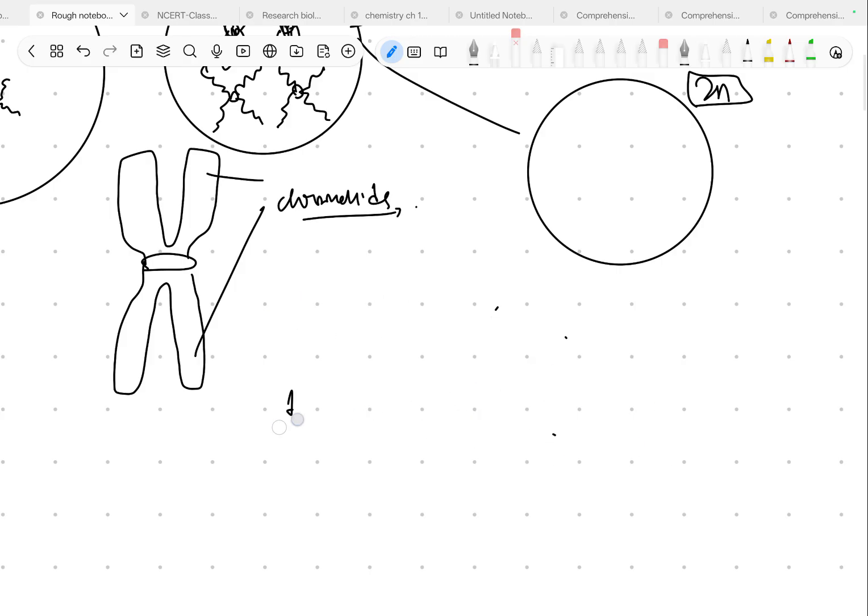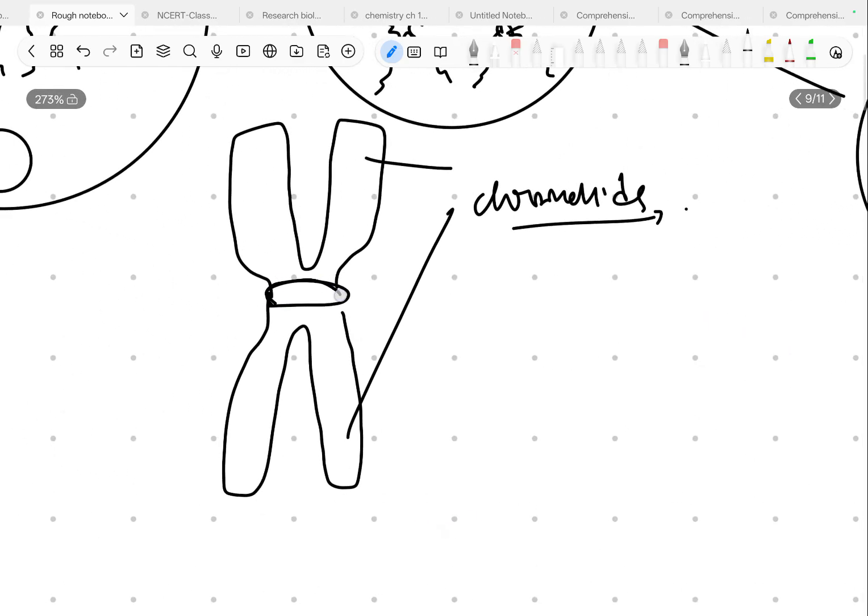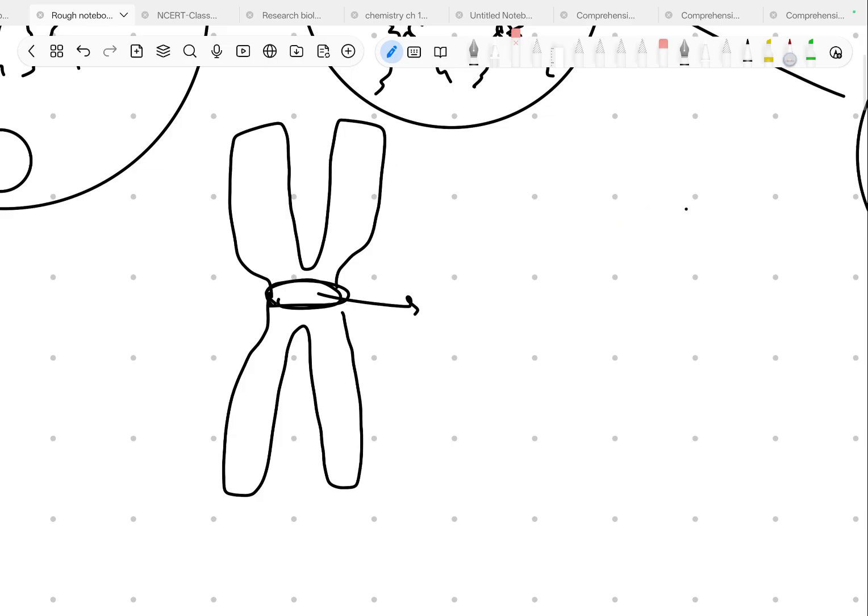So what actually occurs here? The centromere is there. You have studied that this is one chromatid and this is the other chromatid, so two chromatids, and this is the centromere. In the centromere you will see the kinetochore.